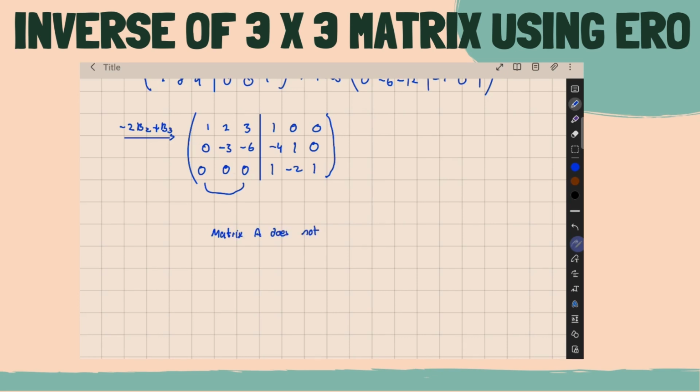We cannot go on to solve this equation anymore as we won't get a 1 here. So matrix A does not have an inverse, so it's also known as a singular matrix.